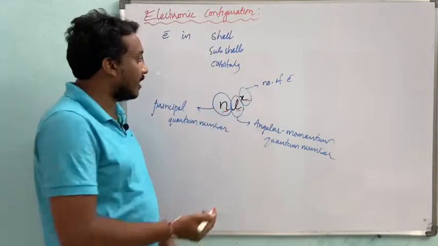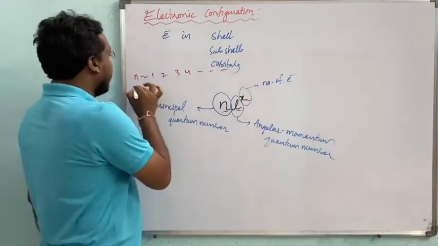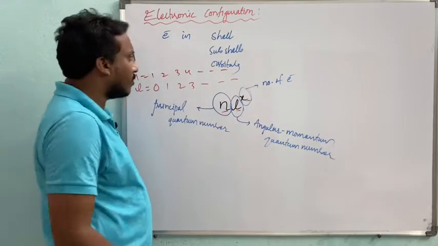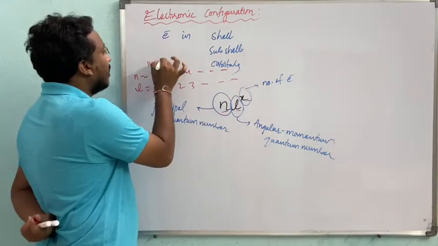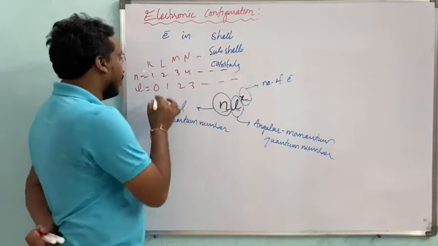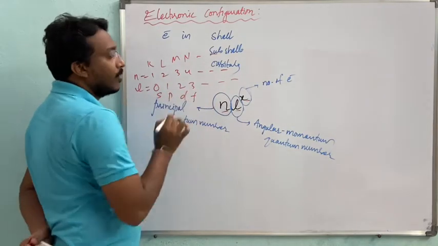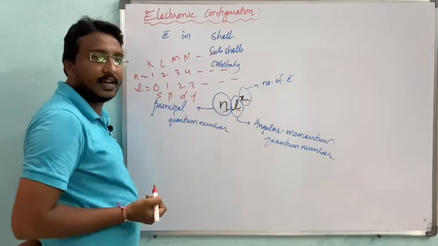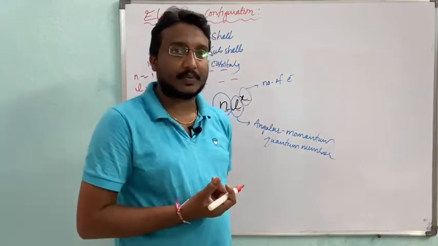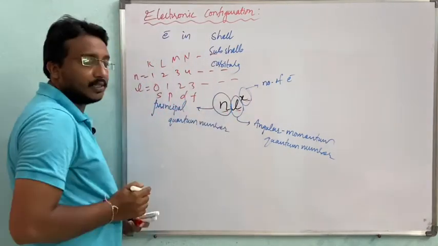We know that n means 1, 2, 3, 4 and so on, and l means 0, 1, 2, 3. Here 1 means K shell, L shell, M shell or N shell, and 0 means s orbital, p orbital, d orbital or f orbital. And x means number of electrons. This is the common symbolic representation.